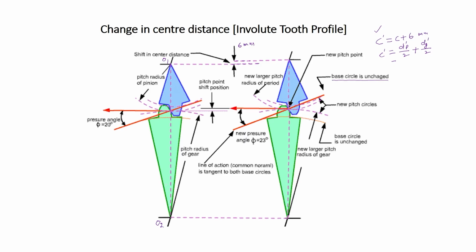Now, due to the change in pitch circle diameters, the common tangent on the pitch circles will change its location, and due to that the pressure angle will change. So, let us find the way the new pressure angle is determined.